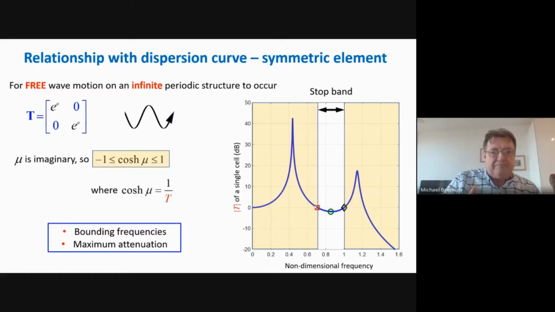And if the transmissibility is greater than 1, then cosh of mu is within the bounds of +1 and -1, and so we get free waves occurring. So the shaded regions are passbands, so free waves propagate in the structure.